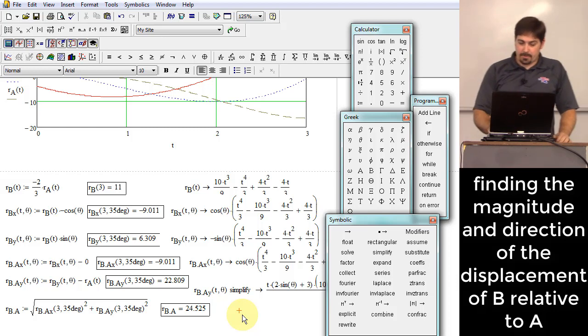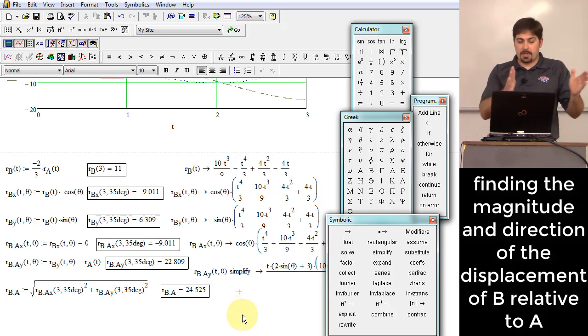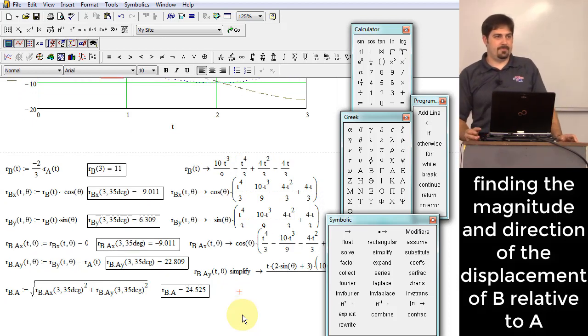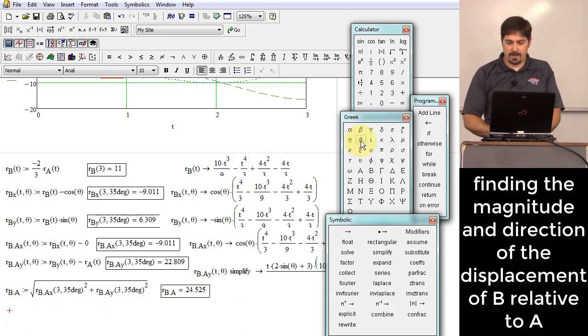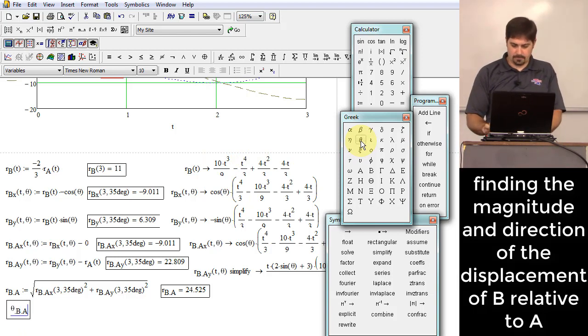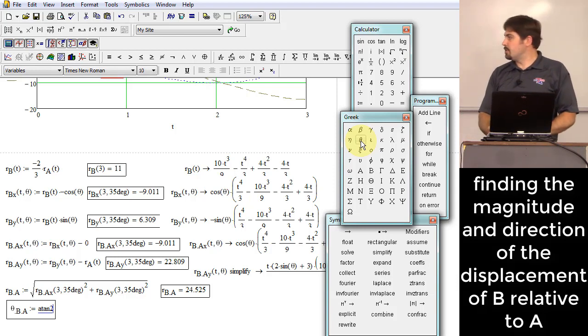We can also determine what direction it looked like it moved. The direction it looked like it moved can be evaluated as an angle. I like to use this function. It's called arctangent 2.